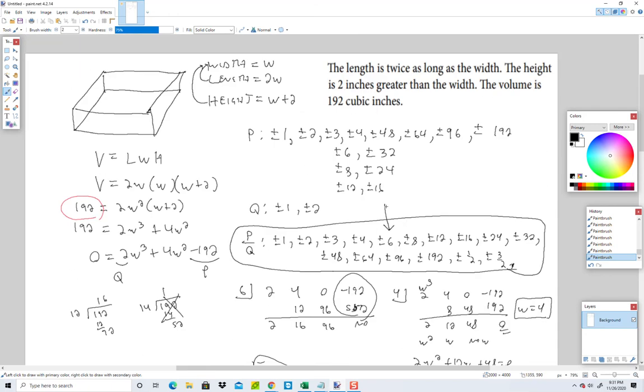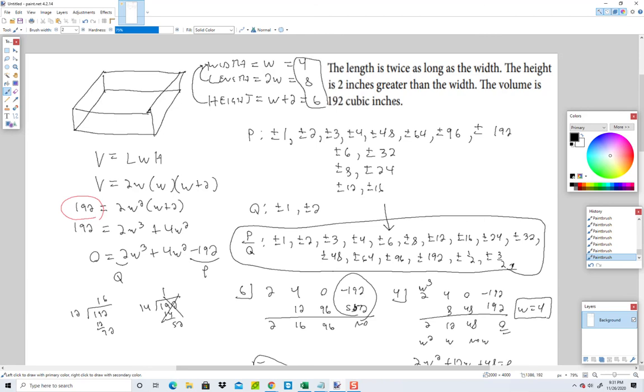Okay, let's come back up here now. If w is 4, length is 2 times w. 2 times 4 is 8. And w plus 2 is 4 plus 2, which is 6.